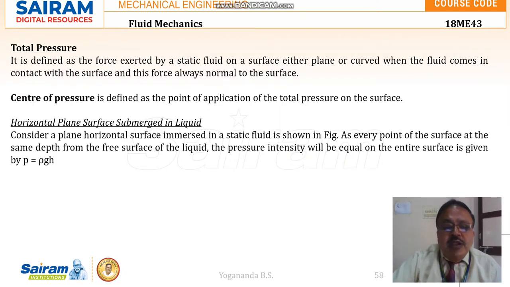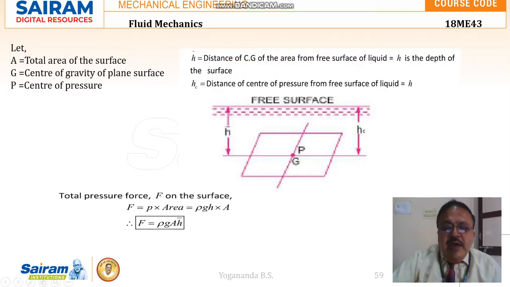So every point of the surface is at the same height from the free surface of the liquid. So the pressure intensity on each and every point on this body is the same.